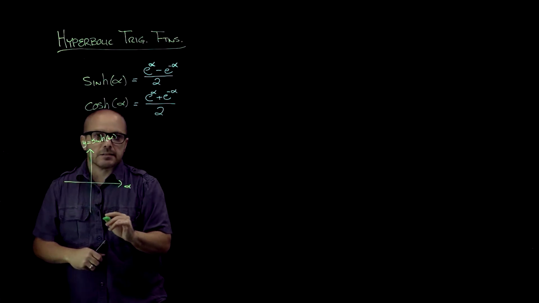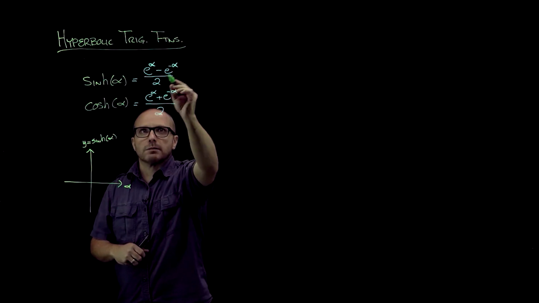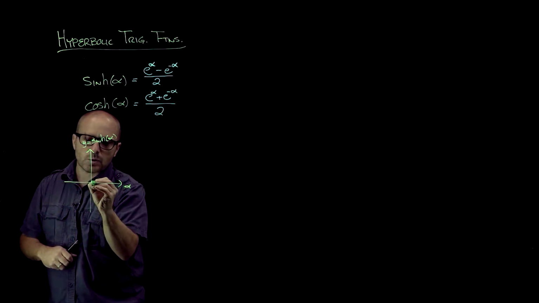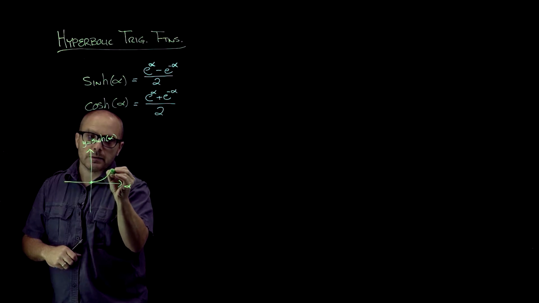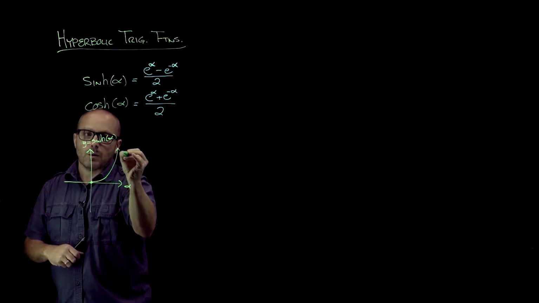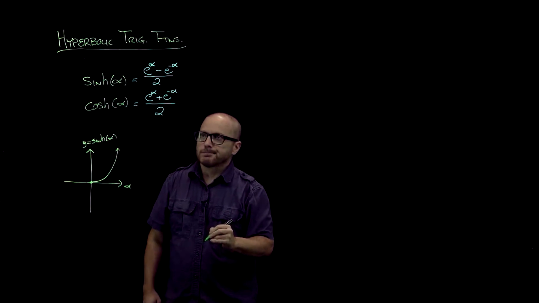What happens at 0? e to the 0 is 1, e to the negative 0 is 1, so 1 minus 1 is 0. So in the short term, we're going to pass through the origin, but then after a while, we're going to blow up like an exponential.